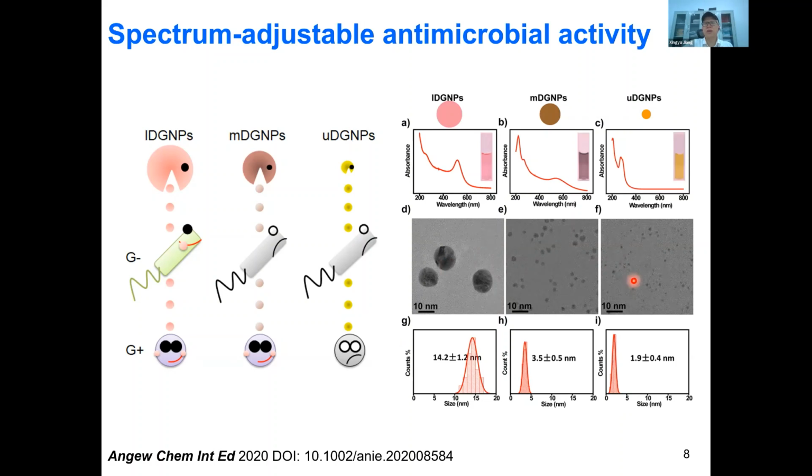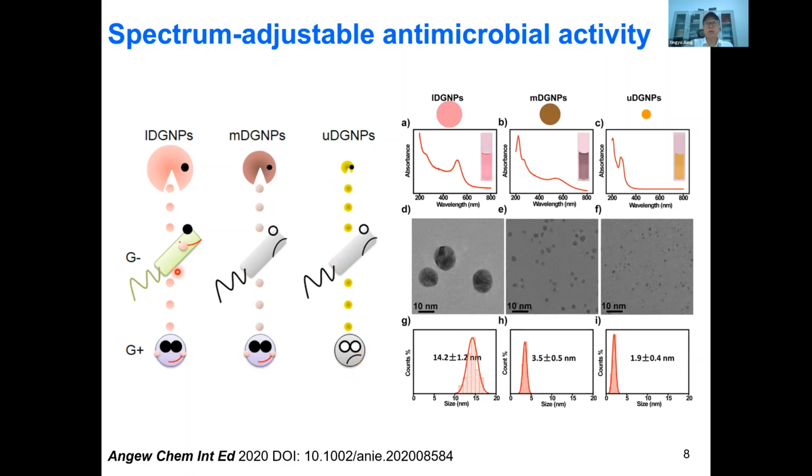So the ones that I told you before are the 10 nanometer ones, the ones that we initially discovered, which are only effective against the gram-negative bacteria, but not effective against the gram-positive bacteria. What we found out is that if you decrease the size of the gold nanoparticle, not only are the gram-negative bacteria completely killed, but the gram-positive bacteria are also killed.